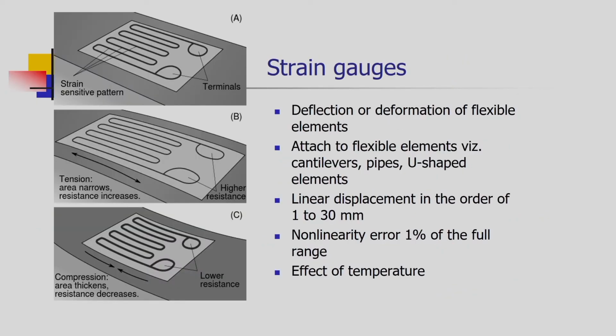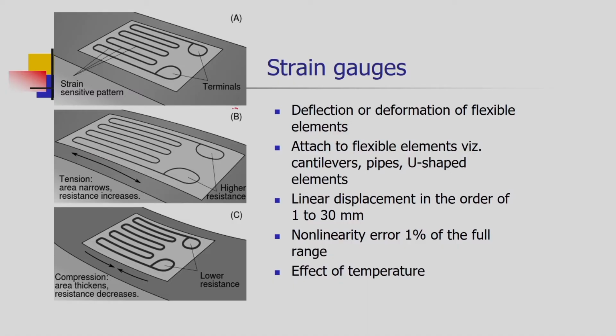Some more pictures are in front of you which will clear your idea of the strain gauge. Here you can see the strain sensitive pattern and the terminals of a typical strain gauge.